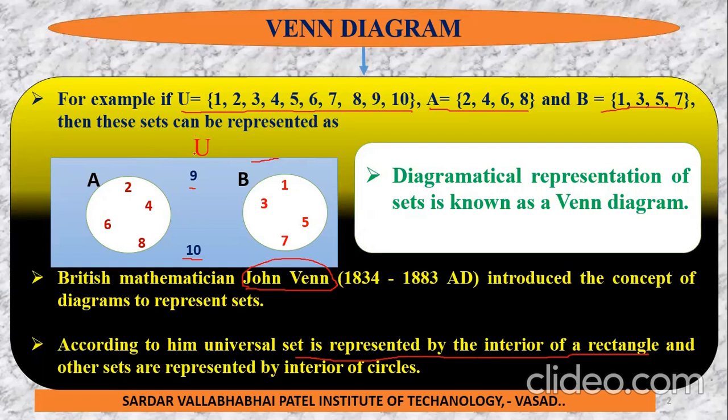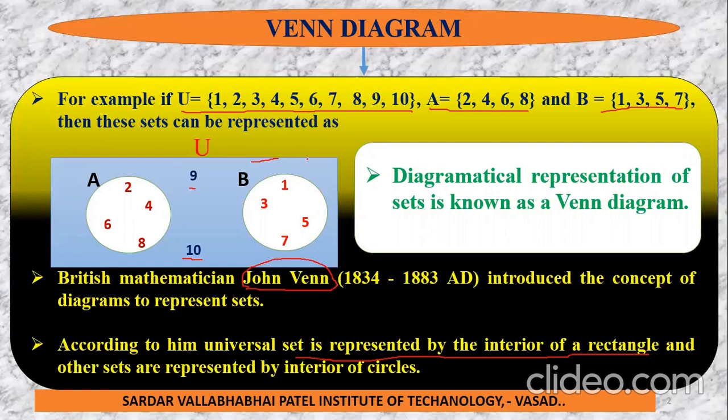So U is the universal set and we represent it in rectangle form. A and B are the other sets, and we represent them in circles. This is the whole concept of the three sets U, A and B in this representation, which is called a Venn diagram.